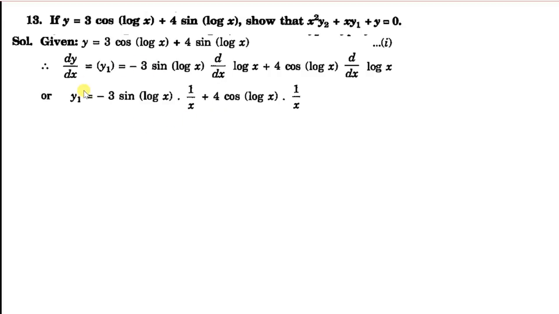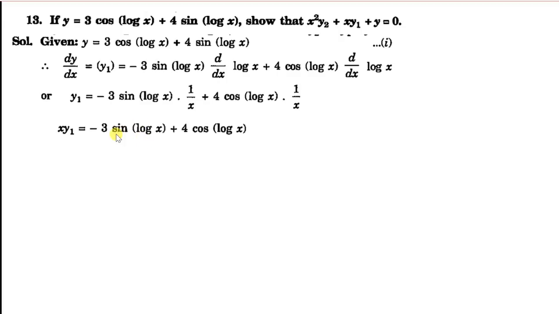Second thing, at this point, if something can be replaced with a given expression, given y, then replace it, so that your further steps become simplified. So here we can cross multiply with the x, or you can multiply the whole equation by x. So you get x y1 equal minus 3 sine log x plus 4 cos log x.